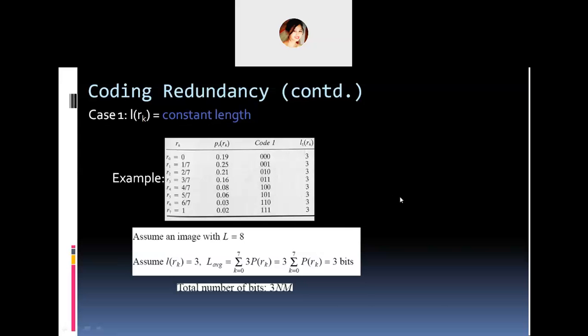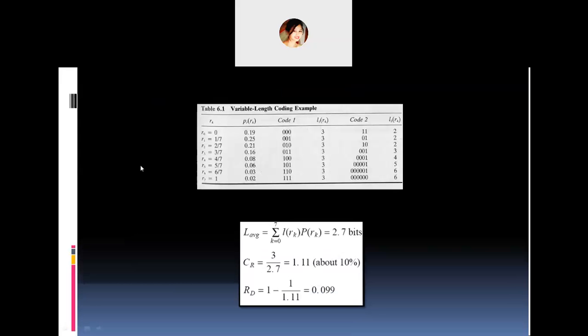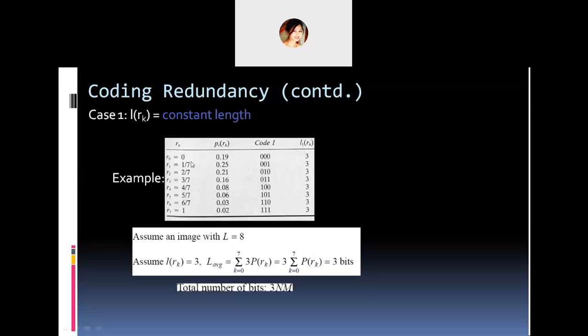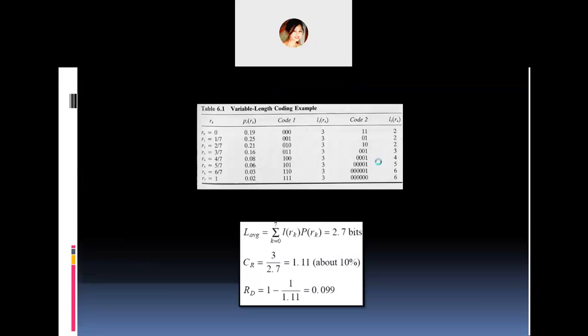You can take the values. This is 3, it may be 2, it may be 4, 5. So in that way. Okay, then this is the sum. This is code 1, this is code 2. See, this is the same image they are taking, that is from gray level 0 to 7. This is the value.